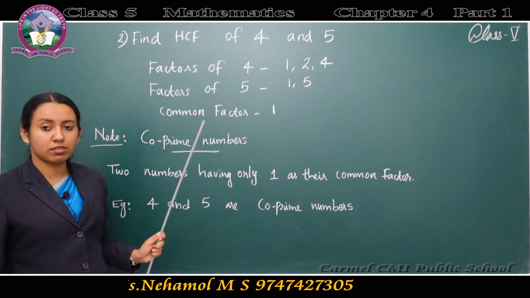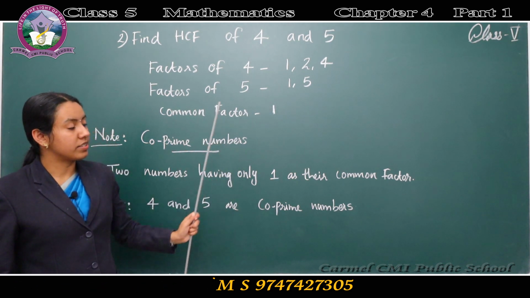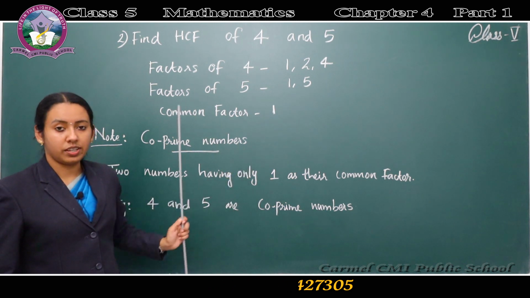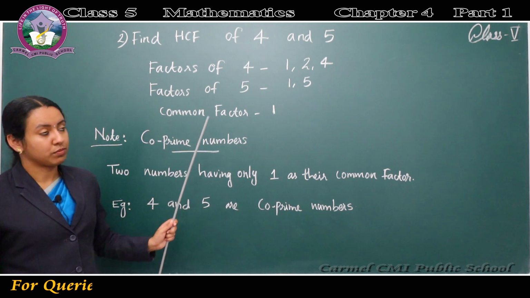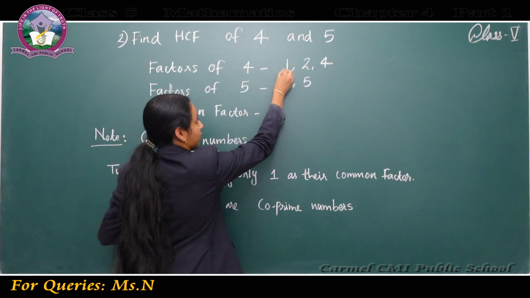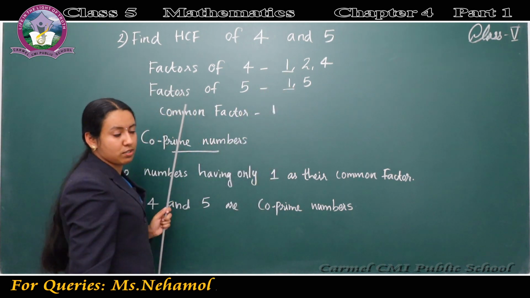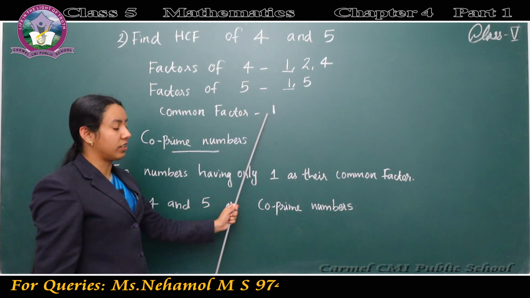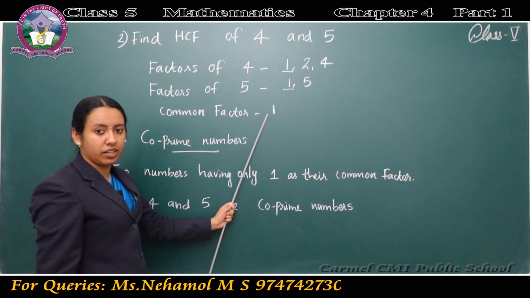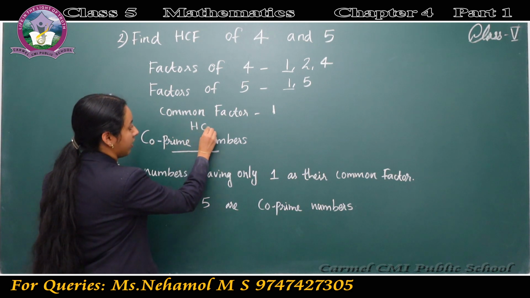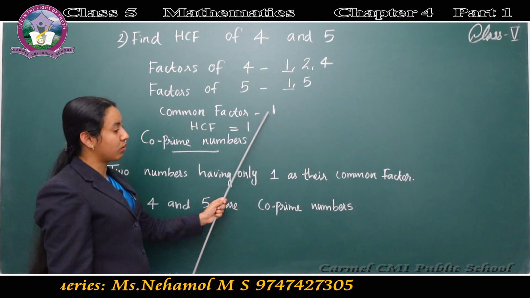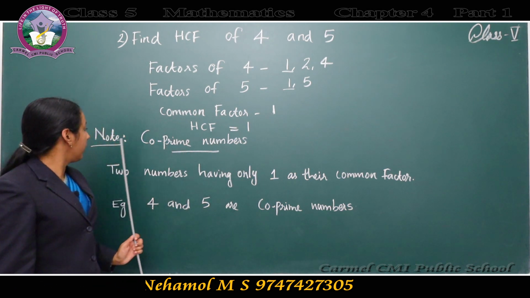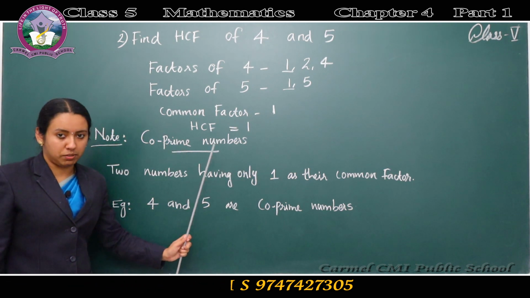Then which are the factors of 5? 1 is a factor, 5 is a factor. Then which are the common factors? 1 is common here, 1 is common here. So only one common factor, the number 1. Then what is the HCF? HCF is also equal to 1.